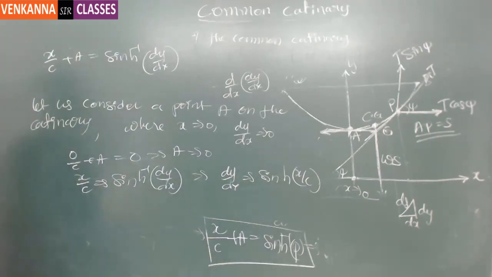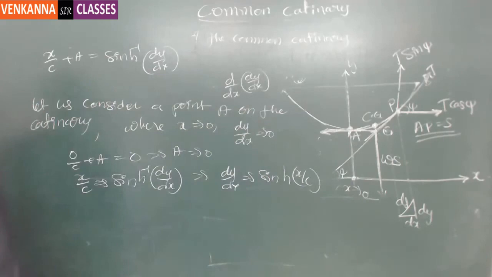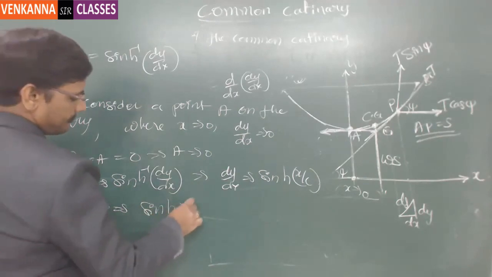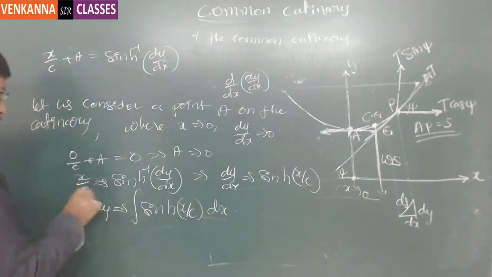Now you have to find the integral of this, so that you establish the relation between x and y. So dy is equal to sinh of x by c into dx. Now you integrate it.